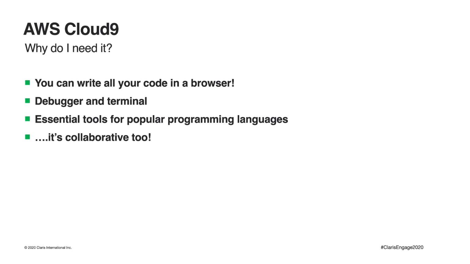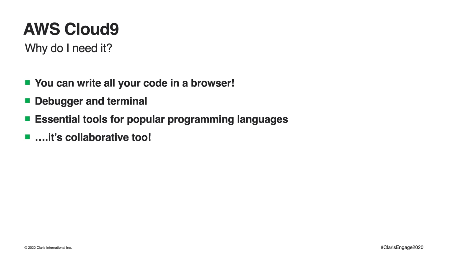The great thing about Cloud9 is that you can write up all your code right in a browser. You can write on your desktop, then carry on working on your laptop or even your tablet. There is a debugger and terminal at hand, and it comes pre-installed with all the developer tools for most programming languages, such as Java, PHP, and Node.js.